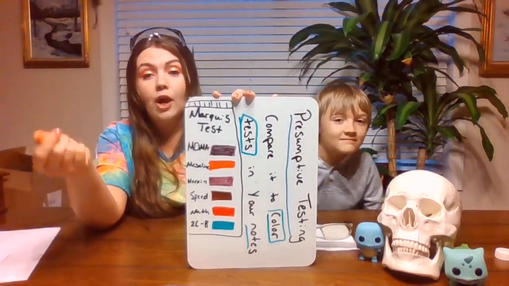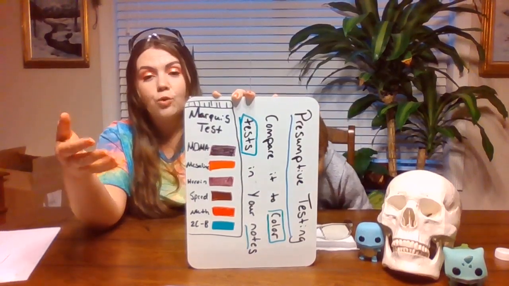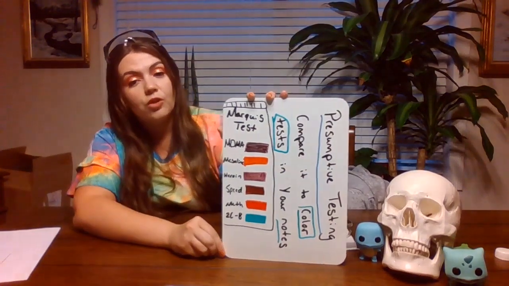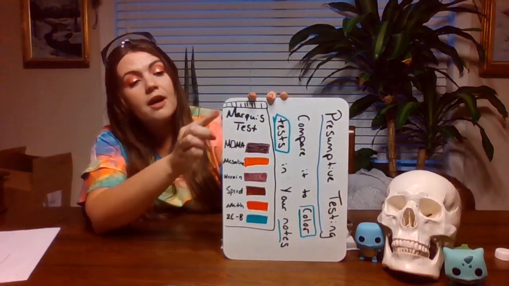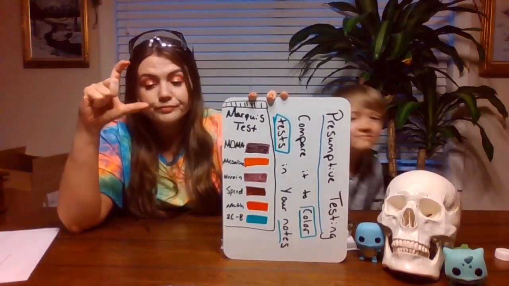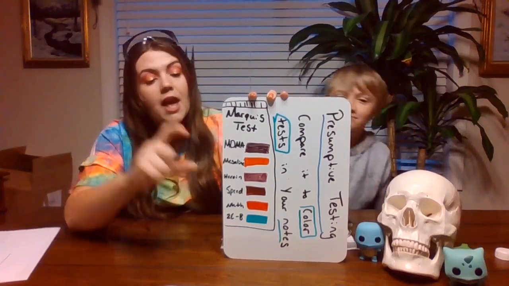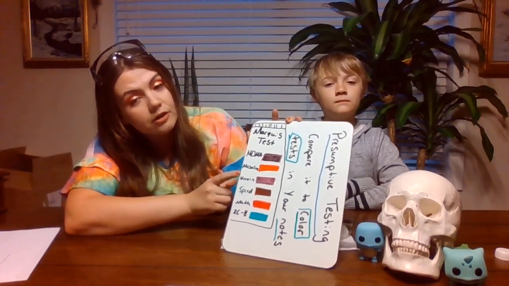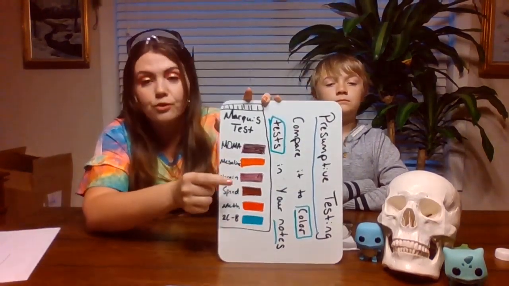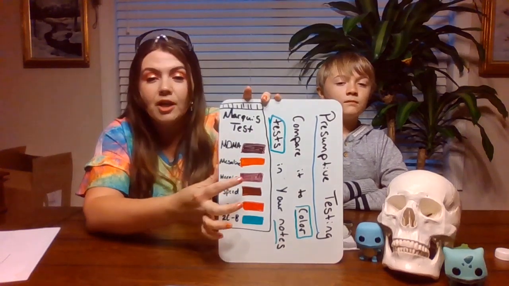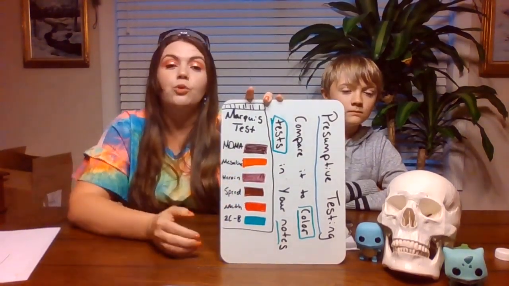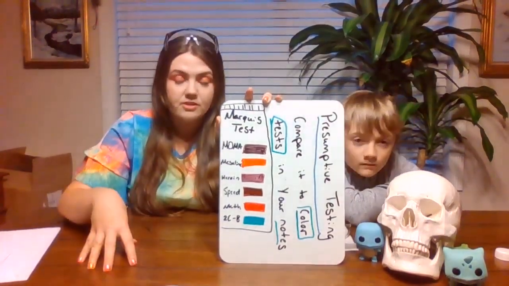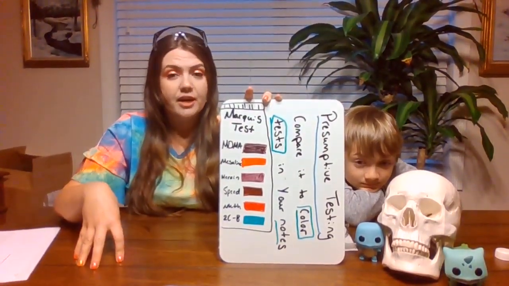Basically, if you were at a crime scene and you thought the suspect had drugs on them, let's say heroin, you'd put a little bit of their drug inside this container, a little vial, shake it up, and if it turned the color right here, so this one says heroin, these colors are not completely accurate, these are my markers, but it's a brownish color, then you'd say, okay, it's probably heroin. I need to take the suspect into custody, I need to take the drugs into custody, and move on to confirmation tests. So it works kind of like that.